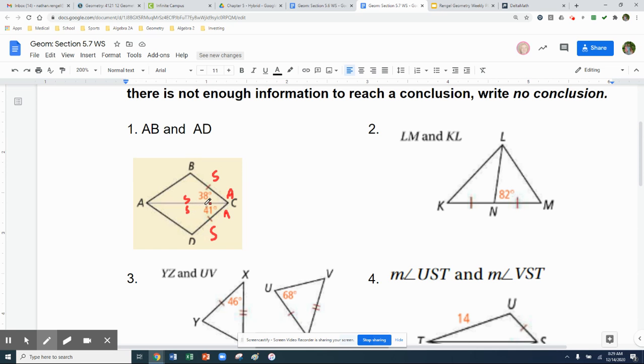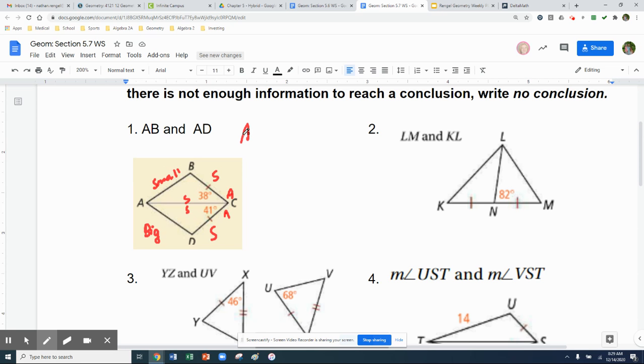Now what the Hinge theorem says is that the angle in each of these two triangles determines which side is going to be the bigger side. So looking at the two sides I'm comparing, AB and AD, I'm going to be able to tell which side is bigger based on that angle. So 41 degrees is bigger, which means that AD is going to be bigger. 38 degrees is smaller, which means that AB is going to be the smaller side.